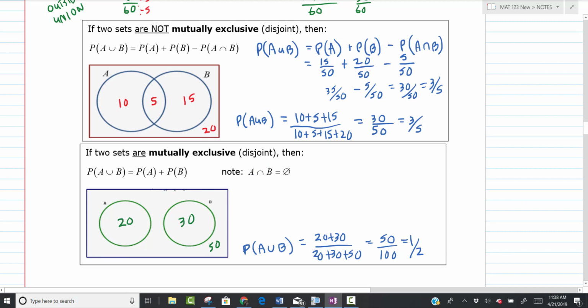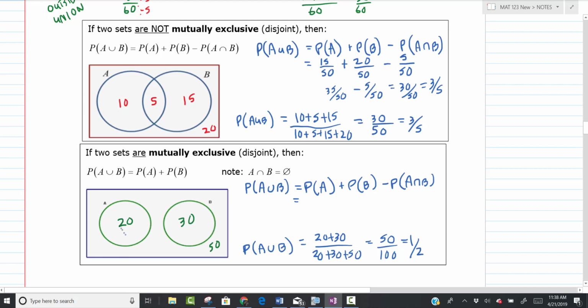So according to this, the formula works like this. You have the probability of A union B. The general formula from the previous example was the probability of A plus the probability of B minus the probability of the intersection. Here's what would happen.